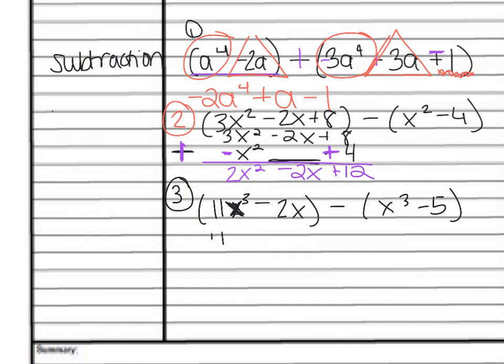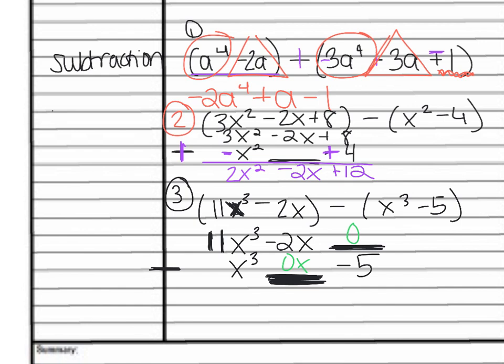So I have 11x to the third minus 2x. Then I'm doing subtraction, and I have x to the third minus 5. So I can't write anything in this x spot, but I'll add the minus 5. So this time, notice there's a blank spot on top of the 5 as well. If you want, you can always put placeholders like 0x and 0, but that's not necessary.